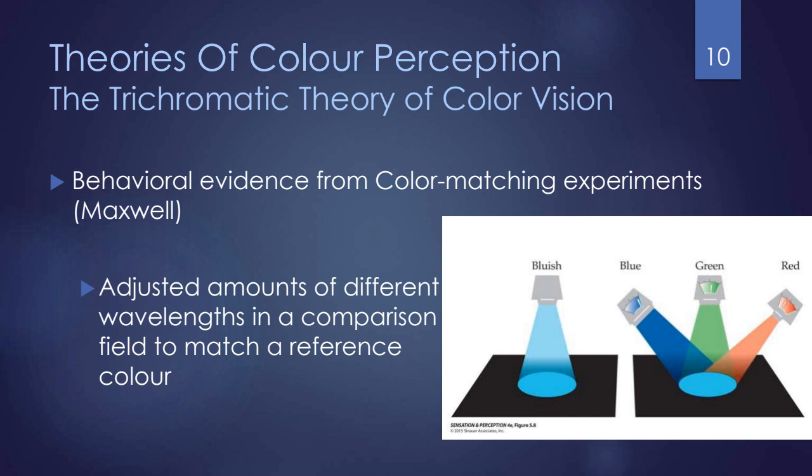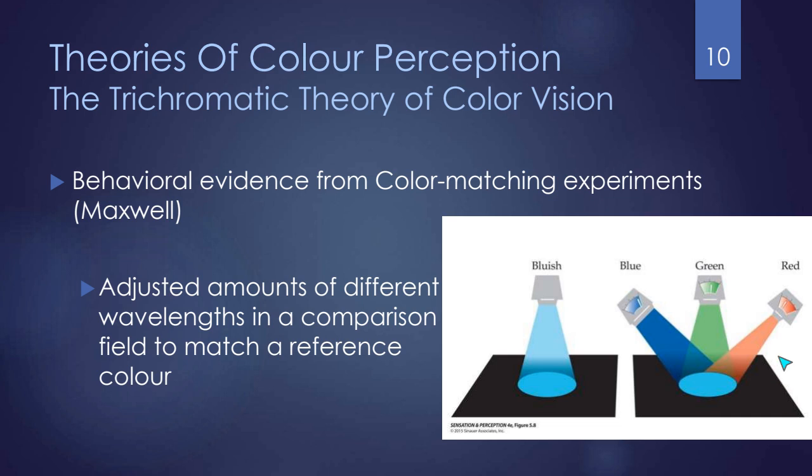An observer in Maxwell's experiments would basically try to use different amounts of 3 primary colored lights. So we've got our lights here. We've got green, blue, red.